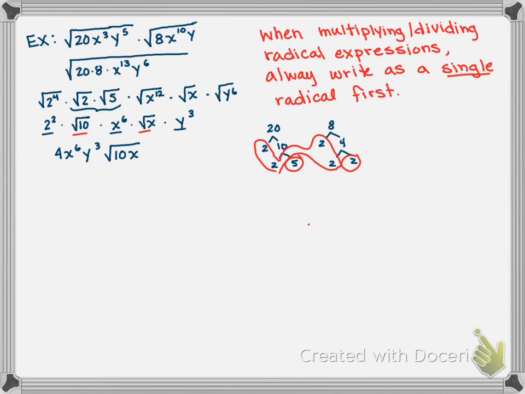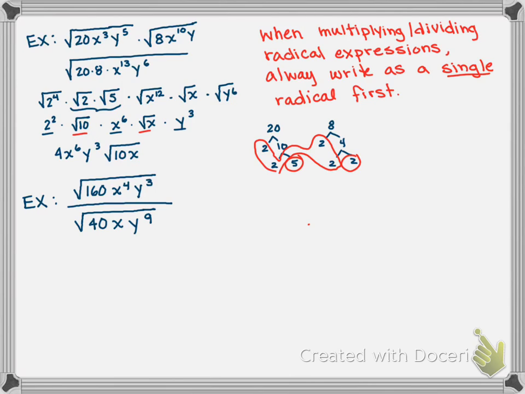So, for example, if I want to simplify the square root of 160 x to the 4th y to the 3rd over the square root of 40 x y to the 9th.